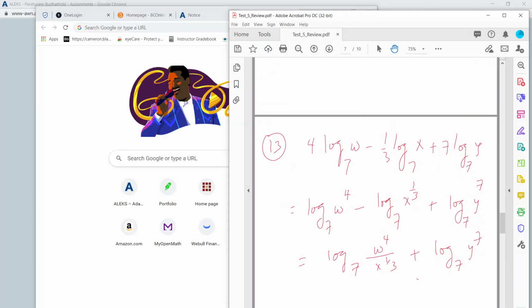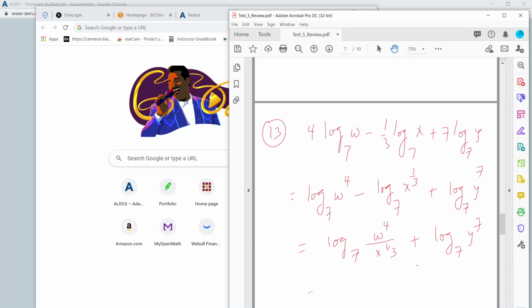You have to use the product rule here, so that will be log base 7, this y to the power 7 goes on the top, that's the product rule, this times everything, so y to the power 7 times w to the power 4 over x to the power 1/3.